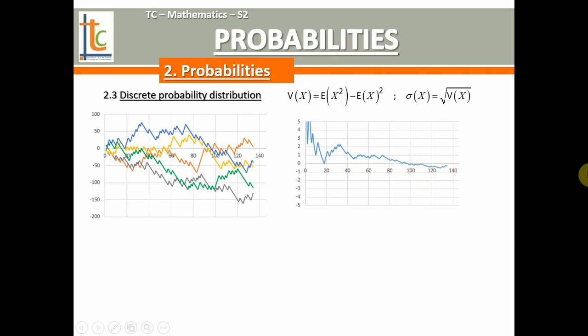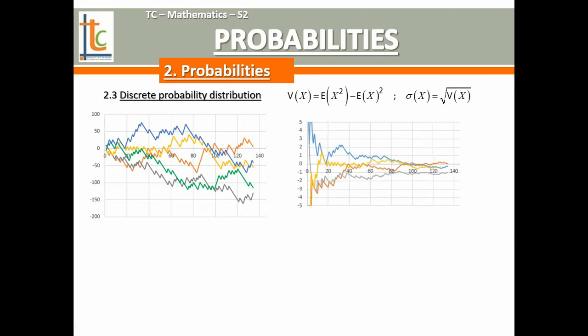So let's have a look at the other players, the other simulations. The red one looks like that on average gain. The gray one is that. The yellow one is that, and the green one is that. So there were big differences between players, let's say between 0 and 20 trials.